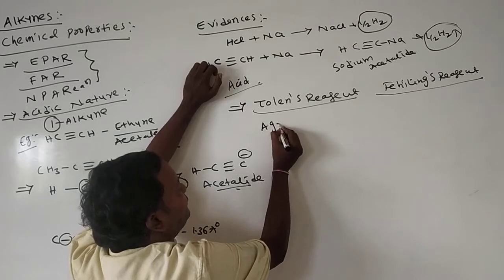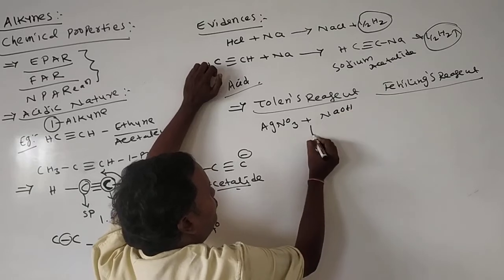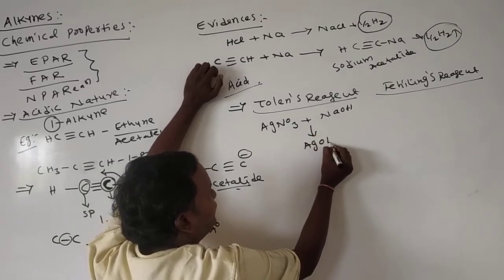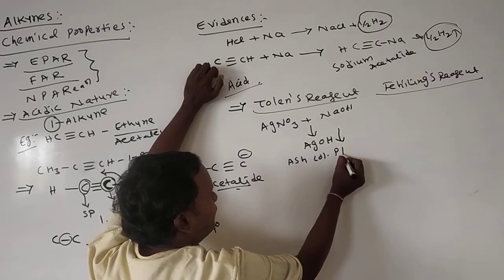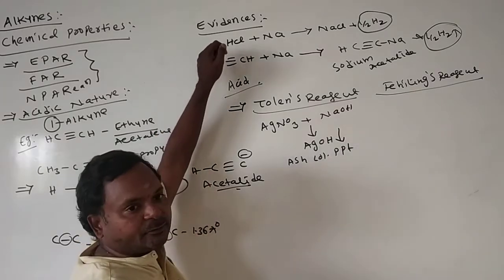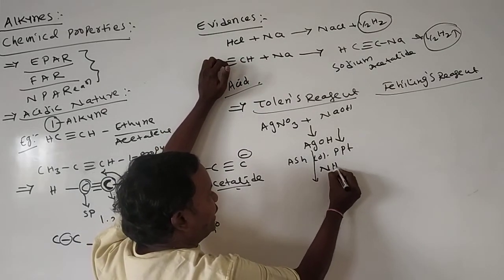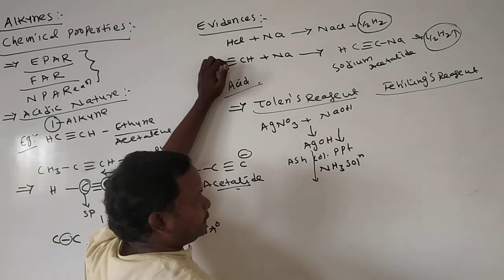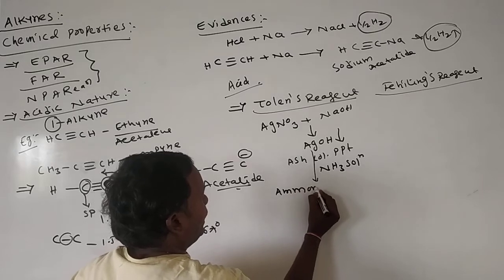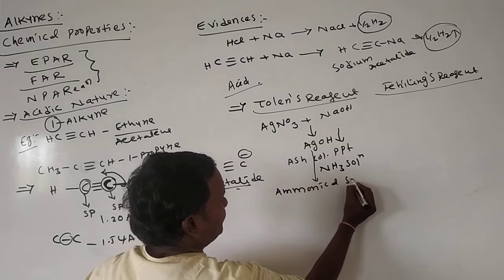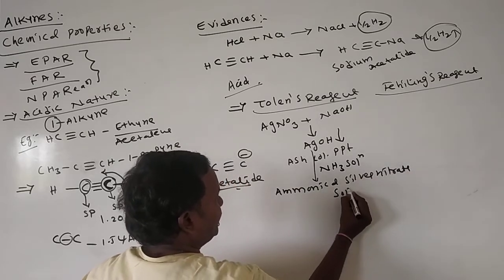First step, take silver nitrate, add NaOH, and it forms silver hydroxide precipitate. This is an ash colored precipitate. This is dissolved in ammonia solution and forms ammoniacal silver nitrate solution.